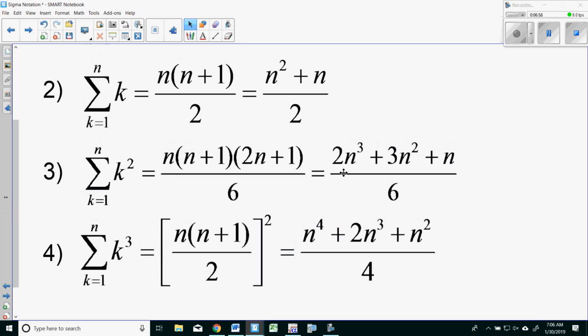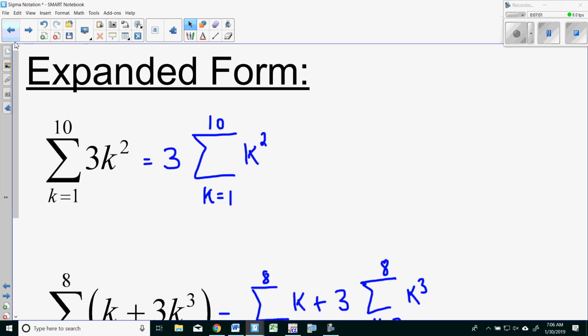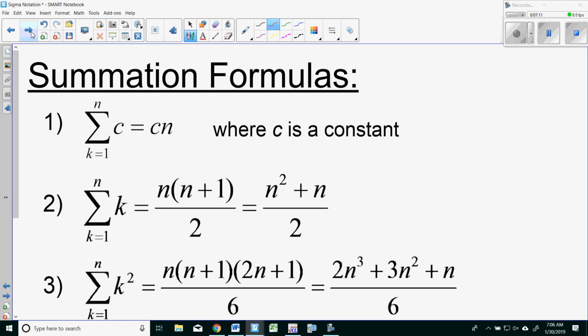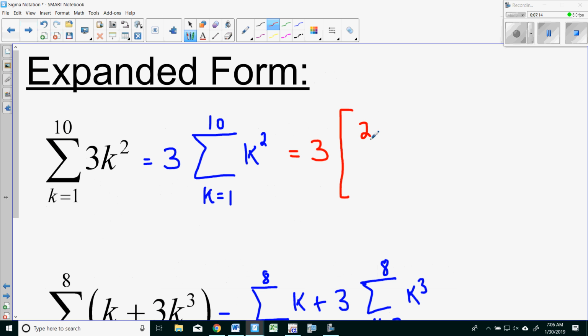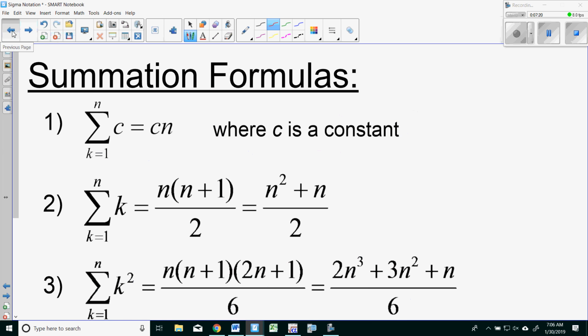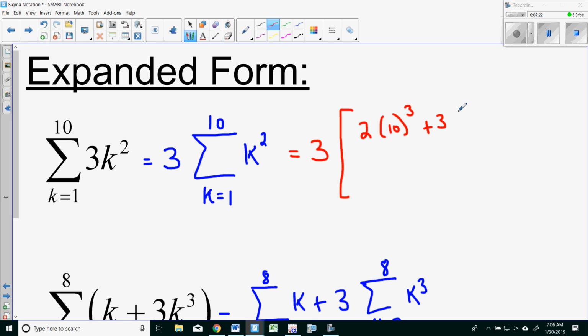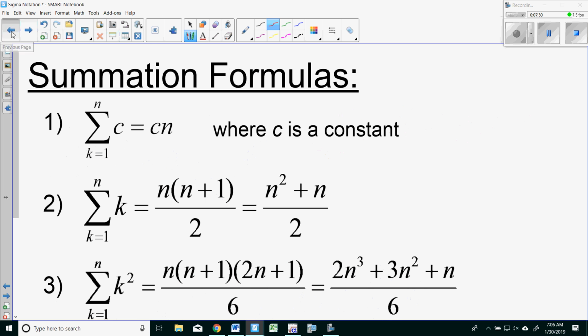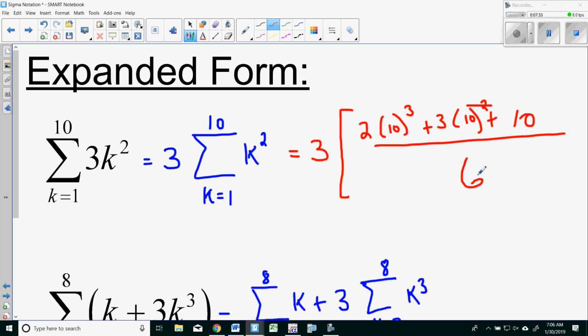So if we use this one for k squared, if we came back here and we wanted to figure out what this is for k squared, this would be 3, and then based on our formula, 2n cubed, so this would be 2 times 10 cubed plus 3n squared, plus 3 times 10 squared, plus n, all over 6, and that's how we could evaluate that sigma notation.